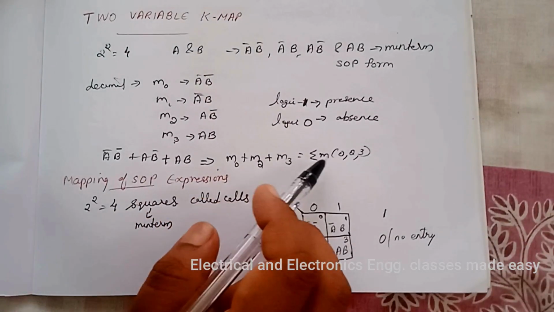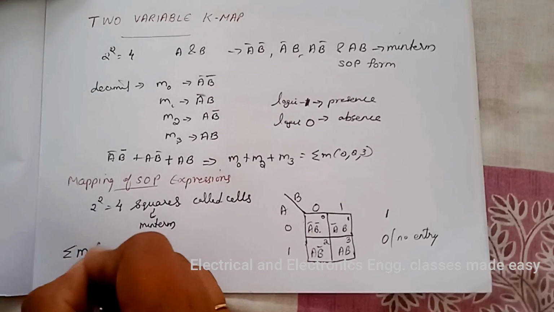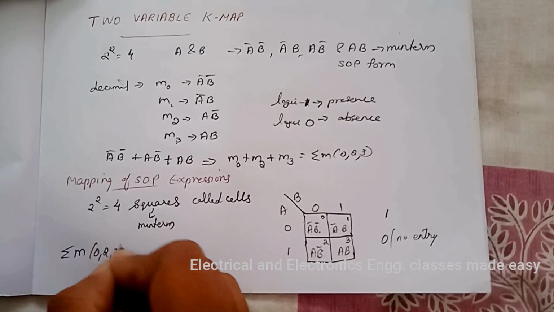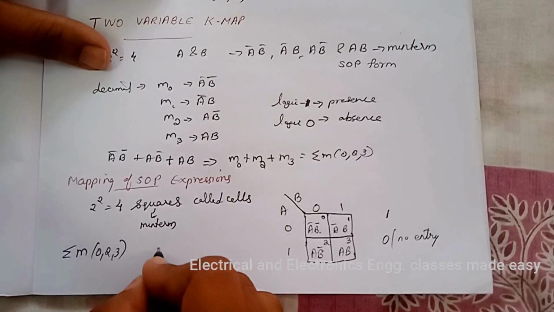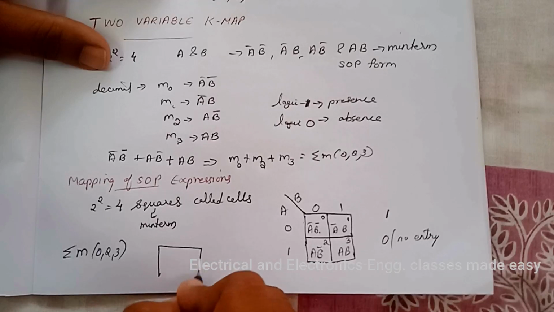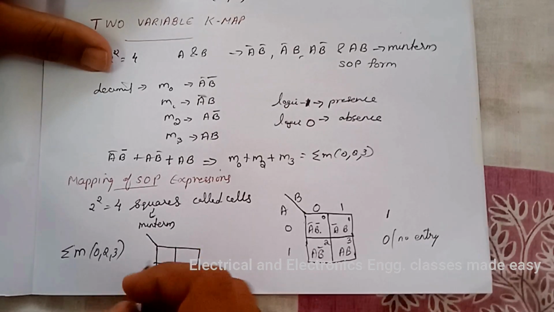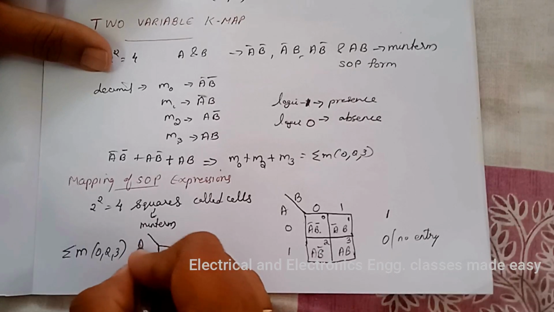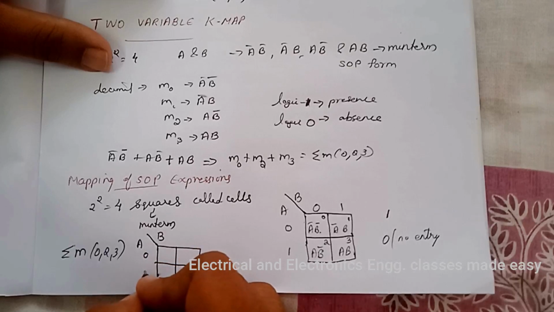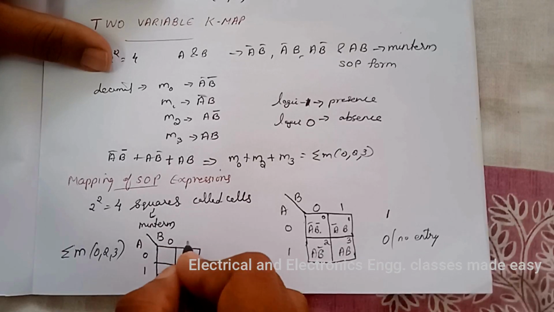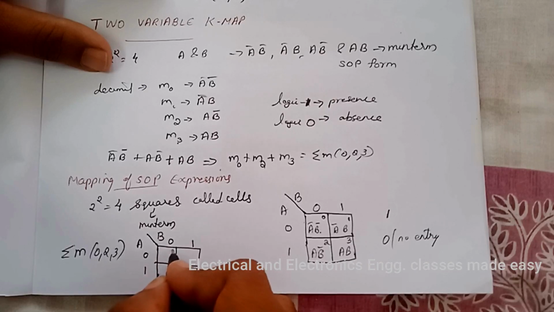Let us do the mapping of this expression, that is sigma m 0 2 3. So we can map this expression like this, that is, this is a two variable Kmap, and the variables are A and B. Here 0, 1, here also 0 and 1, and this square is 0.